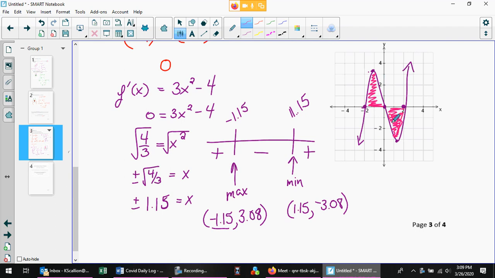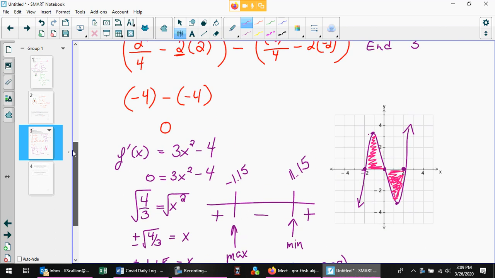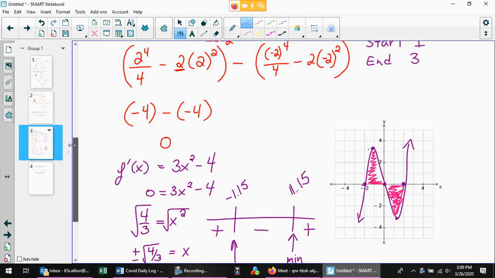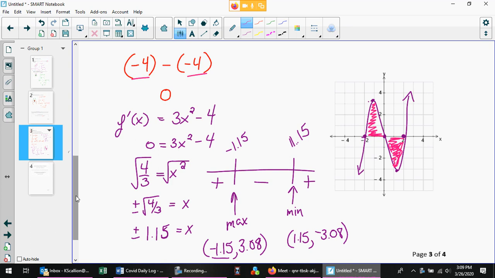And what if we jump back to our red math? I know I'm going quick. If we jump back to our red math, I know it's symmetrical because both these areas are the same thing. So what it's saying is take the area, negate the negative, and let's go from there. So if we were to negate the negative, what's the area of this section?